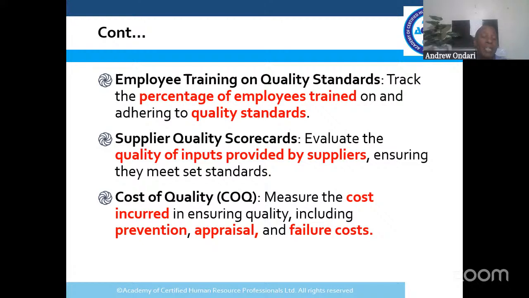And then lastly is the cost of quality. How much does it cost to ensure that we have quality?